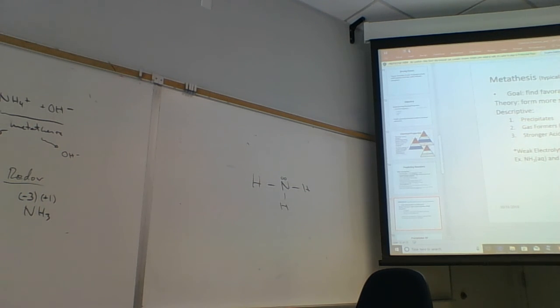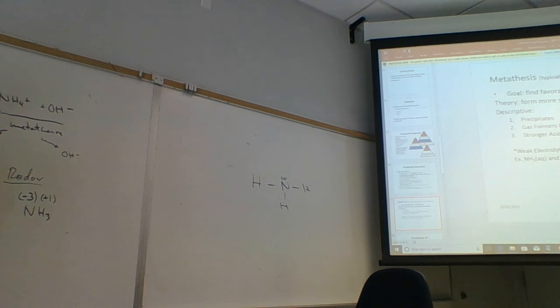So if we look at nitrogen, there are going to be a total of 2, 4, 6, 8. That's an octet. And then if we look at hydrogen, we double count. And so that's 2, that's a duet. This is 2, that's a duet. That's 2, that's a duet. So we double count these. And so we have an octet around nitrogen and a duet around the hydrogens. We're good. That's the octet duet.